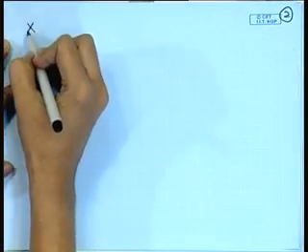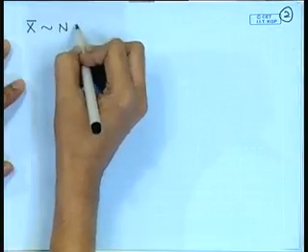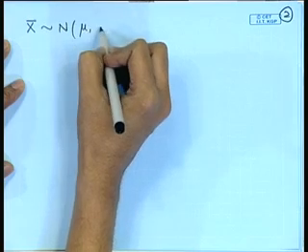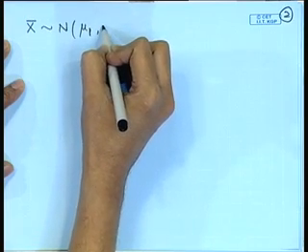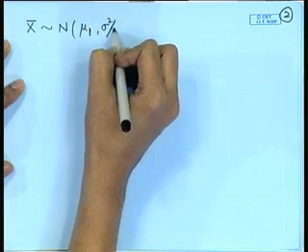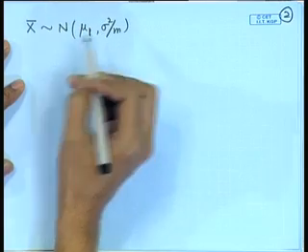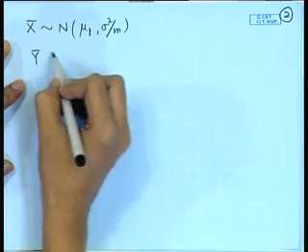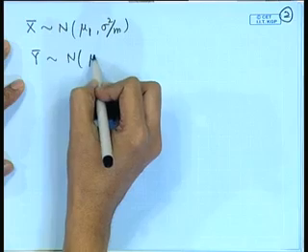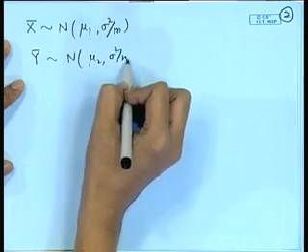that is x bar follows normal distribution with mean mu1 and variance sigma square by m. So, here sigma1 square and sigma2 square both are same. Then y bar follows normal(mu2, sigma square by n).